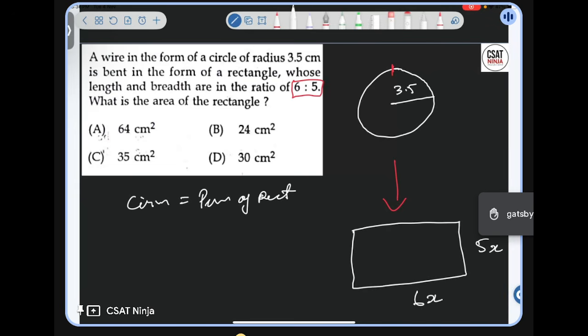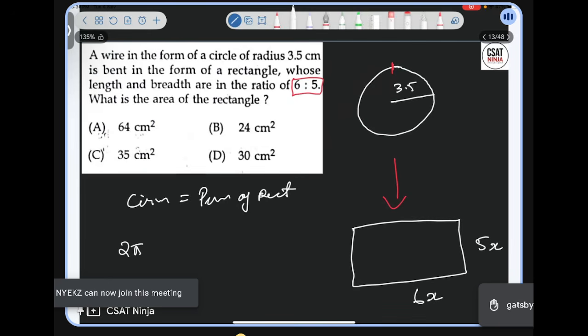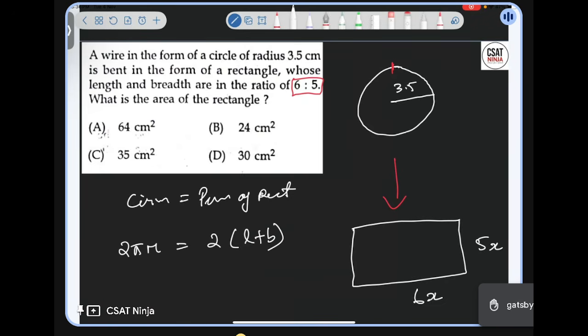The circumference formula is 2πr, which is equal to the perimeter of a rectangle, whose formula is 2 times (L plus B), 2 times (length plus breadth).